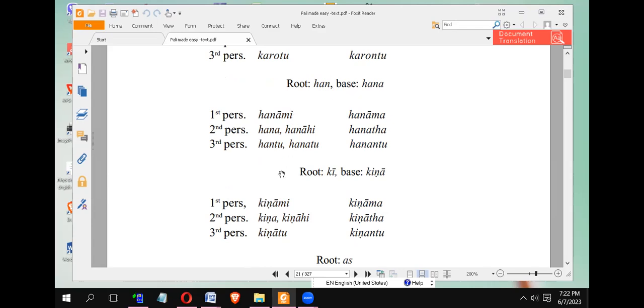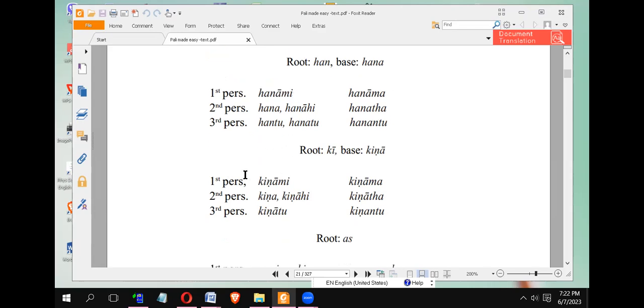So next person, Brother Tony. Kinatu, kinantu, kina, kinahi, kinata, kinami, kinama. Okay. So the root is ki plus the base kina.